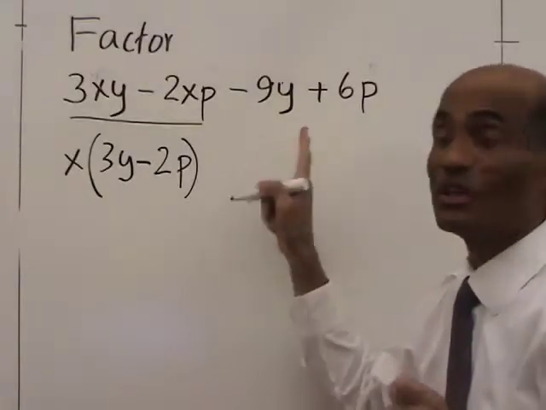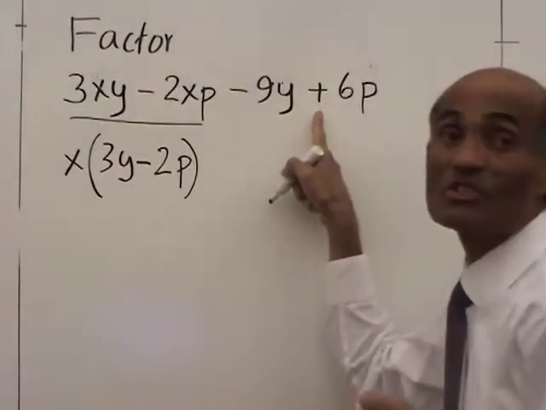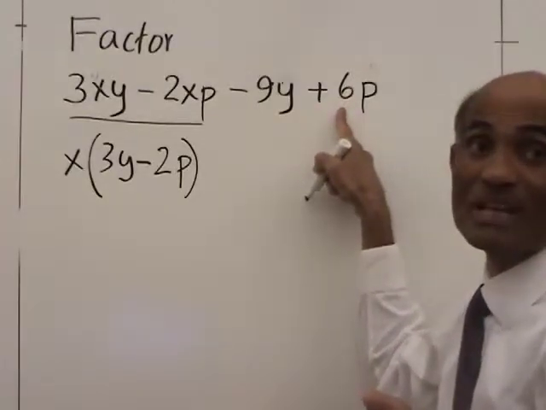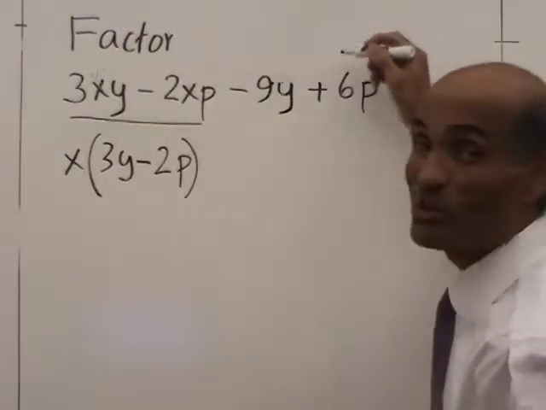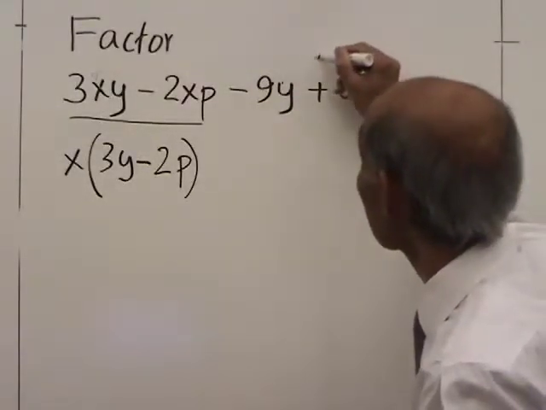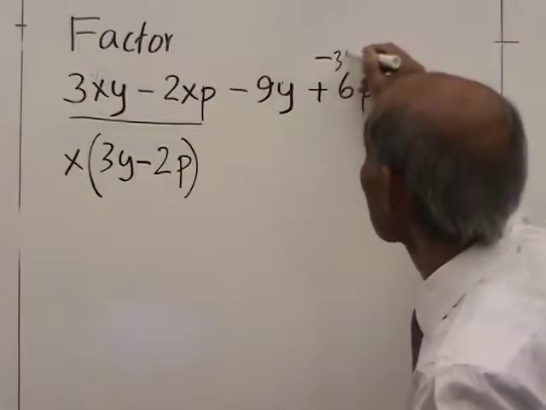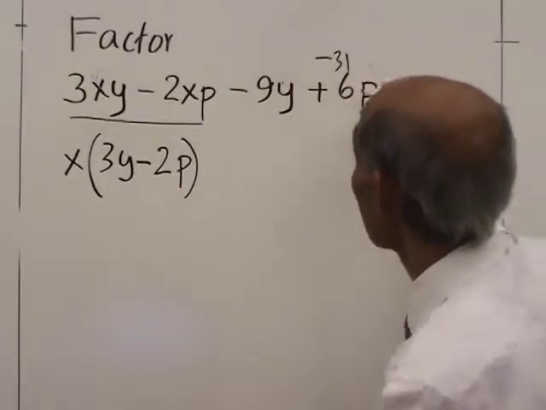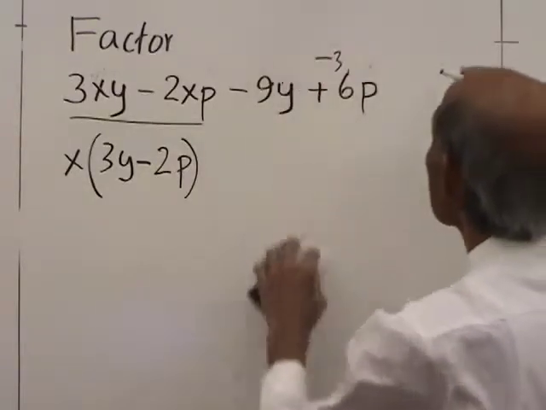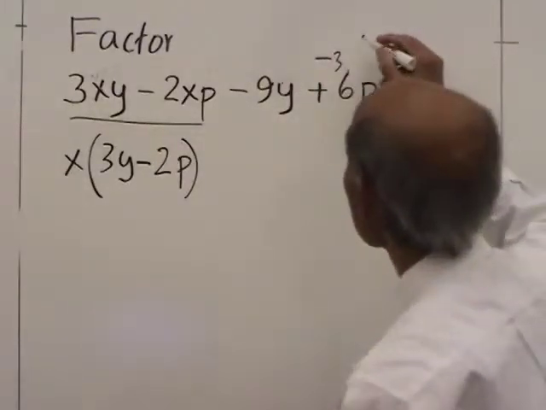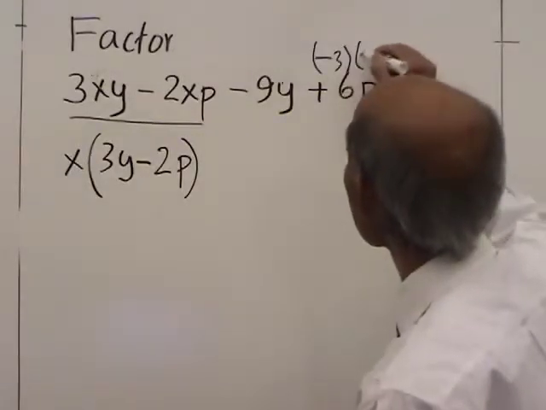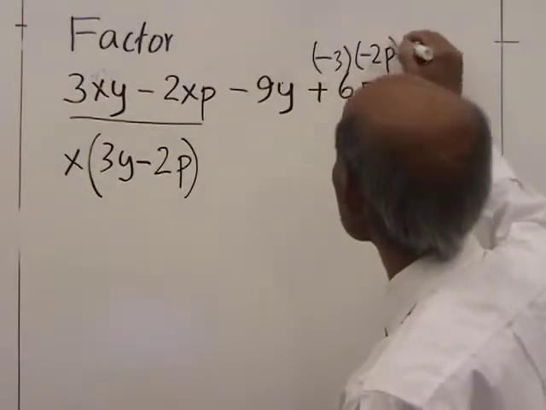That means if you want to get a minus here, you need to write this positive 6p. Look at this. Do that in your mind or write it like this. Positive 6p is negative 3 times negative 2p.